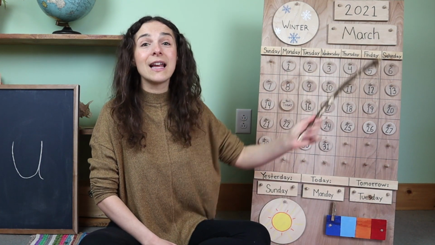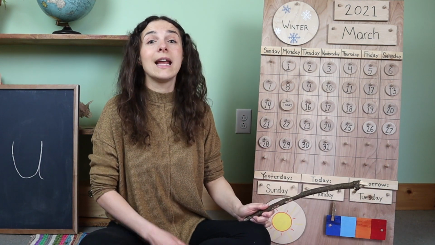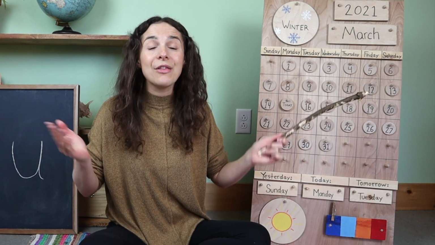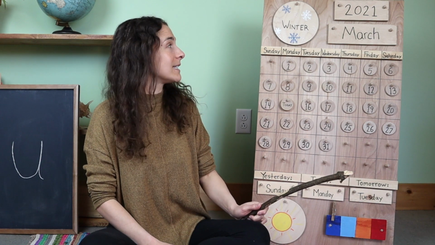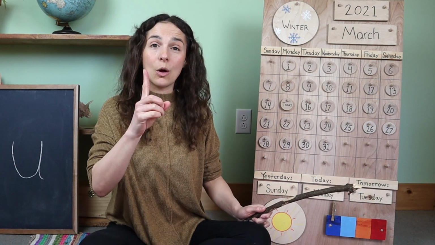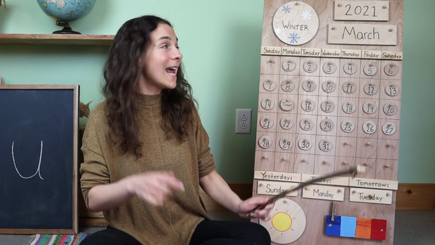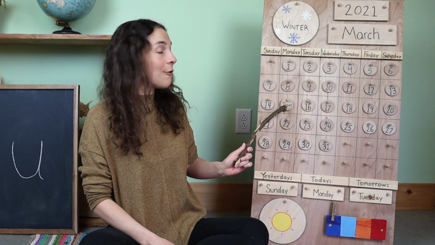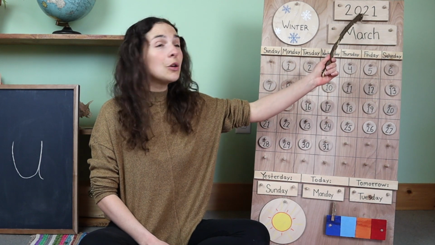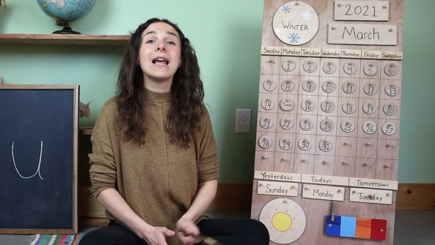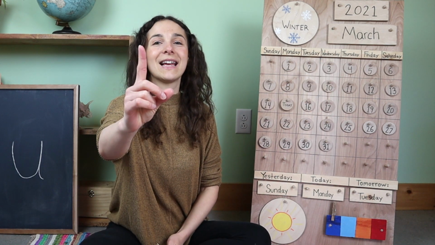That's right, friends. Now you can also say the year is 2021. Either way, there are a couple different ways to say the year. So let's say the date one more time all together. Are you ready? Today is March 15th, 2021.